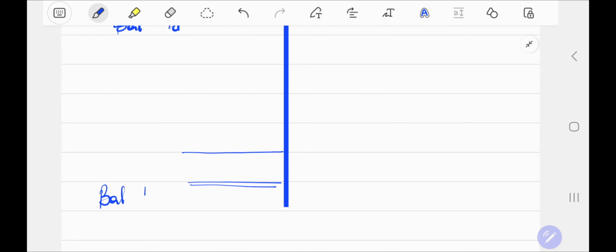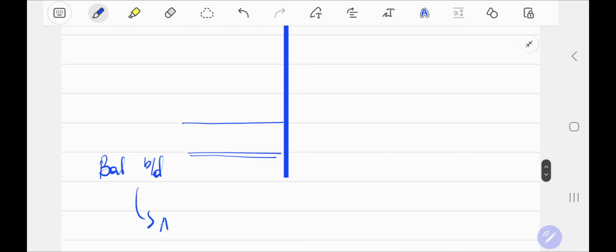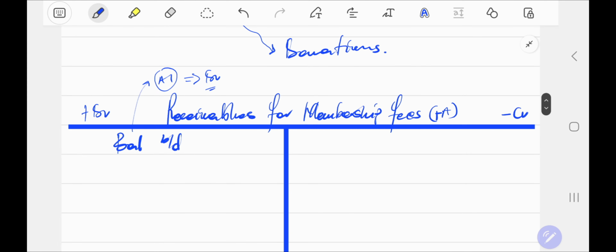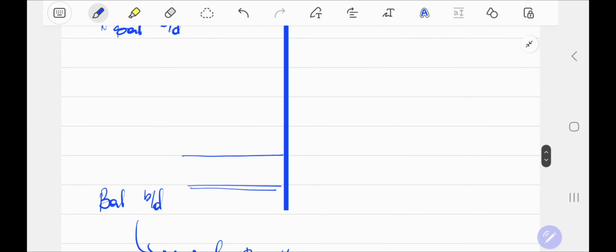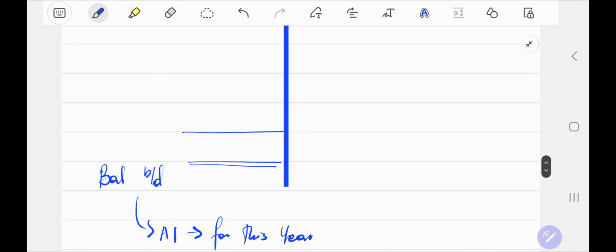So this is the balance brought down, the accrued income for last year. This is the opening balance of receivables for membership fees. This is the closing balance of receivables for membership fees.